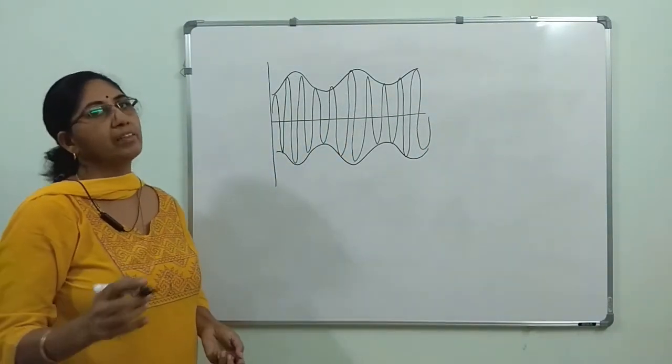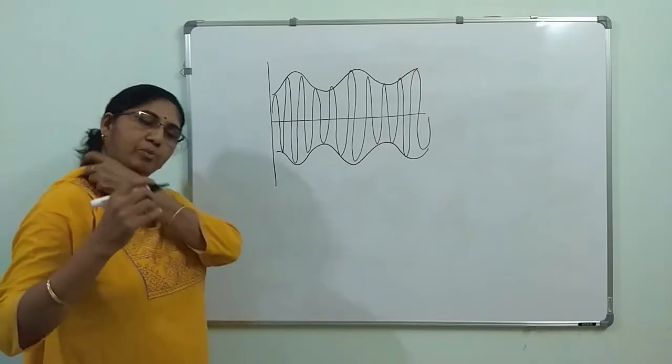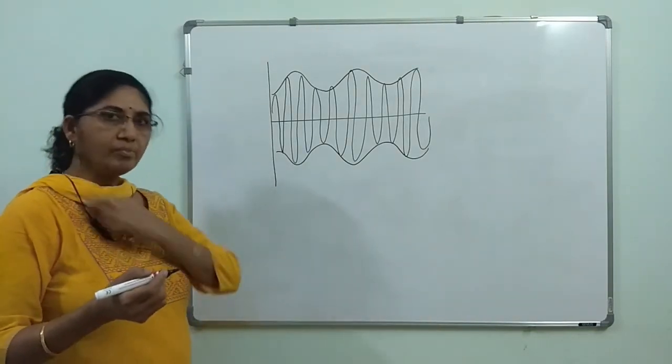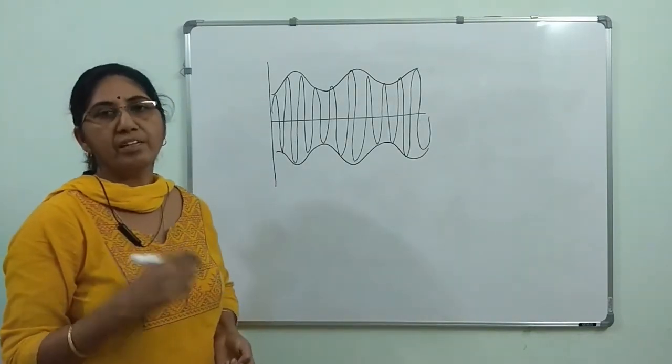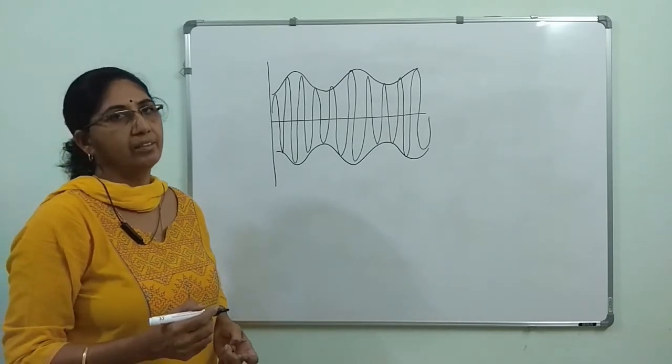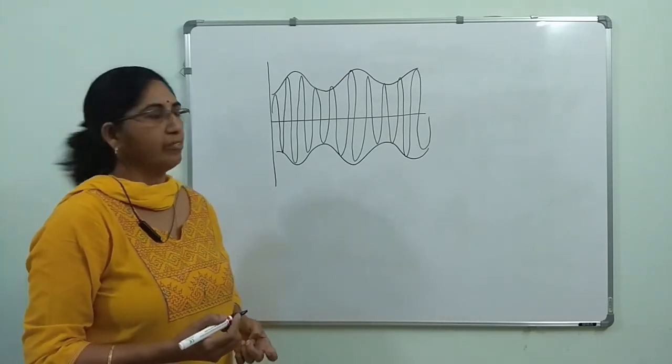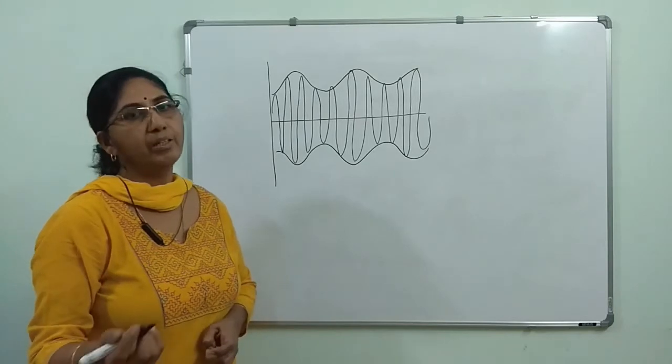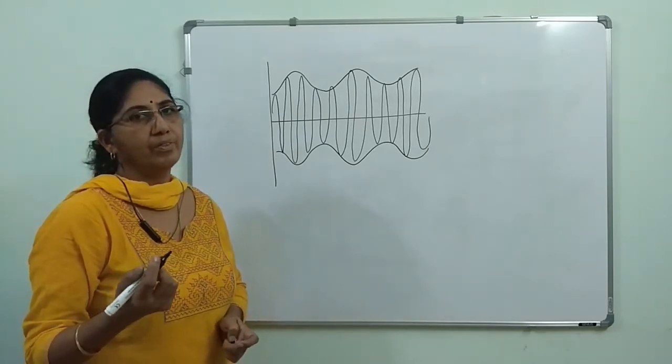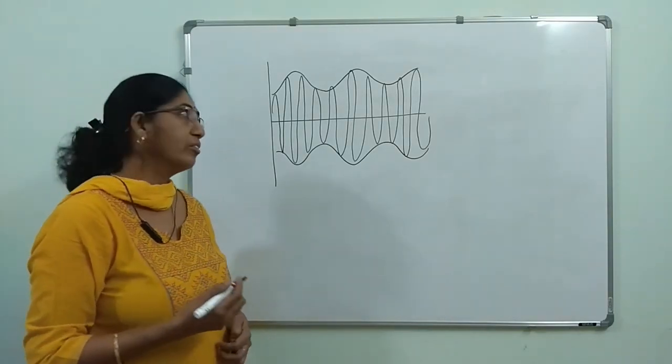So modulation factor, right now we discussed that it is the ratio between the change in amplitude of carrier frequency divided by the amplitude of the carrier frequency. So that changes depending upon how much signal strength you are applying.